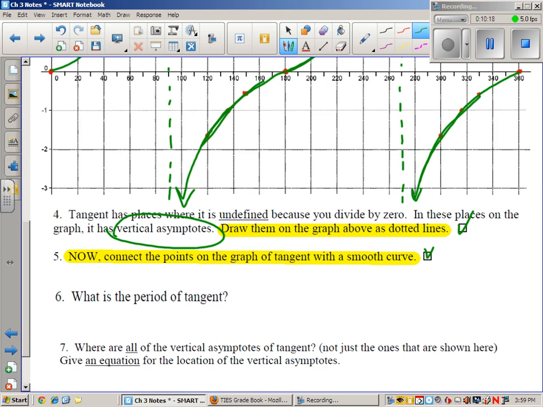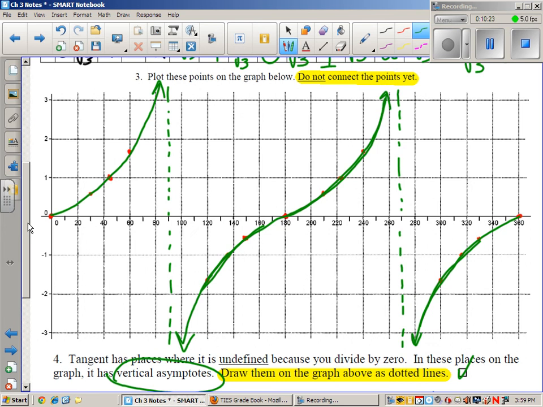Awesome. What is the period here? How long does it take to go through one full cycle? Do I need the whole graph here to repeat itself, or does it repeat earlier?